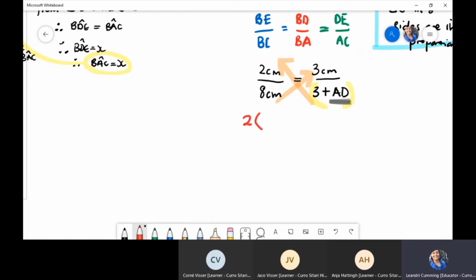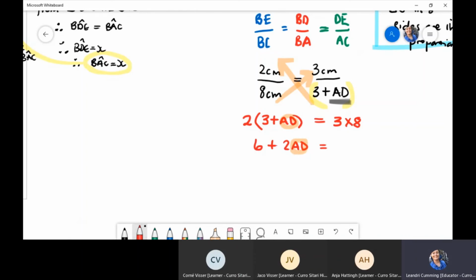That gives me 2 times (3 plus AD), and on the other side 3 times 8. And I can now do the distributive law: 6 plus 2AD. Just think of AD as X. Treat it like an X in this case.